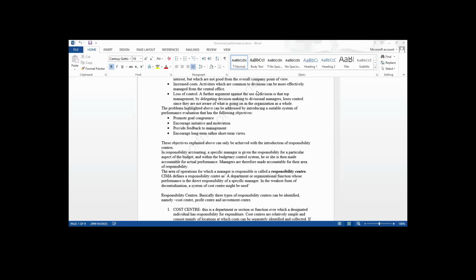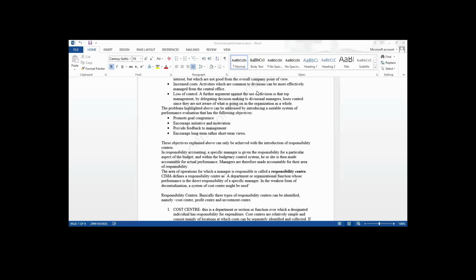Now, to achieve the objectives highlighted above, the company must introduce responsibility centers.